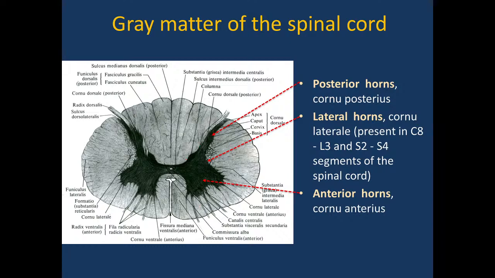The gray matter core consists mainly of two, left and right, posterior horns, which extend to the posterolateral surfaces here of the cord.